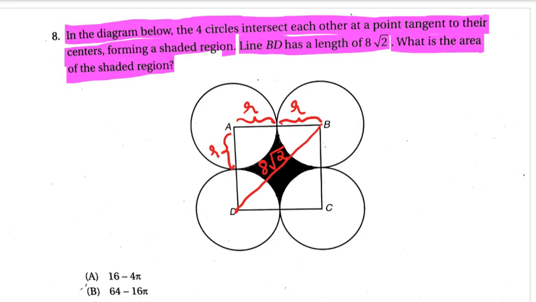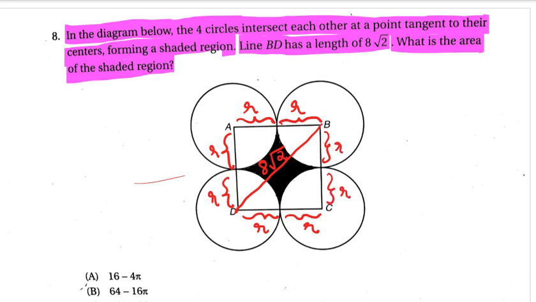R, here again R, here again R, here again R, here also R. Okay, so that is 8 root 2. We've got that already given to us. Now this is also R and this is also R.